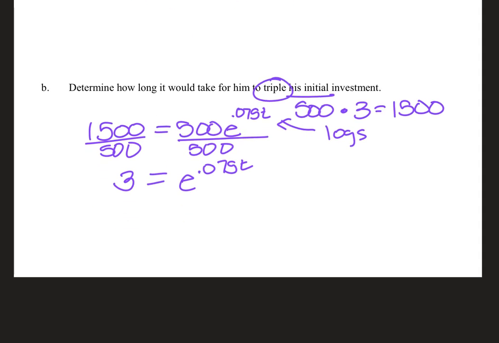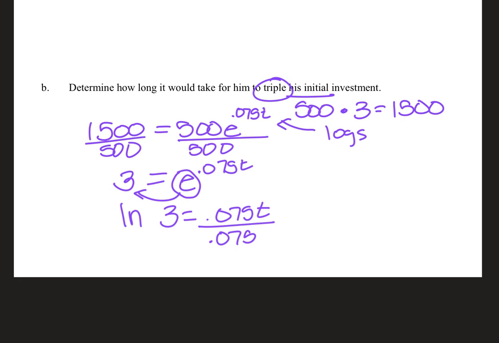Now, when we're solving this, this is the base, so it's log base E. Remember log base E is ln, it's the same thing. ln of 3 equals 0.075t. Then we divide by 0.075, and we get our number.